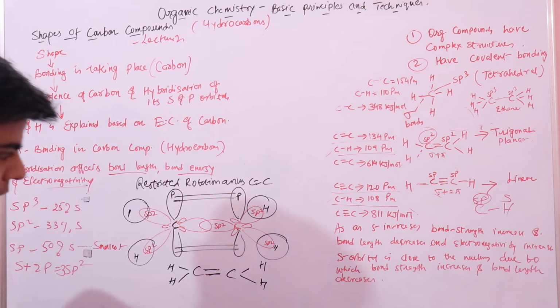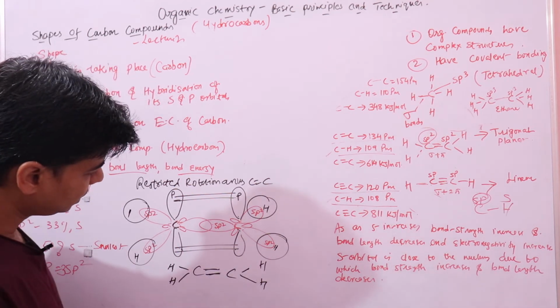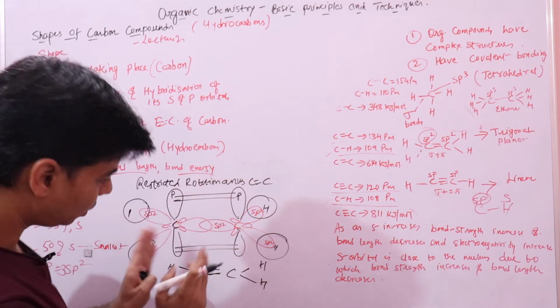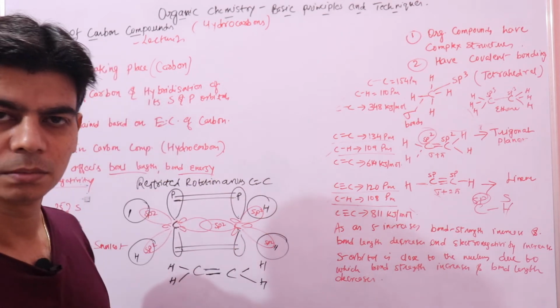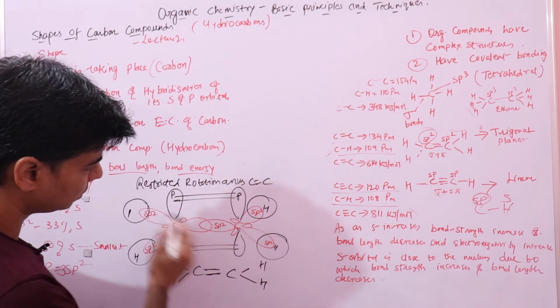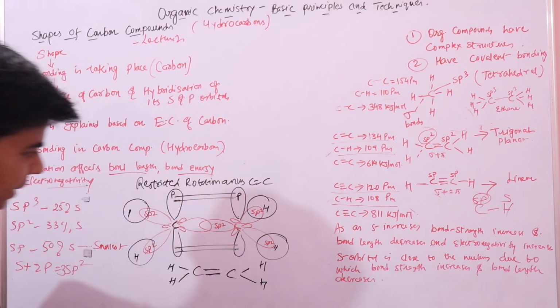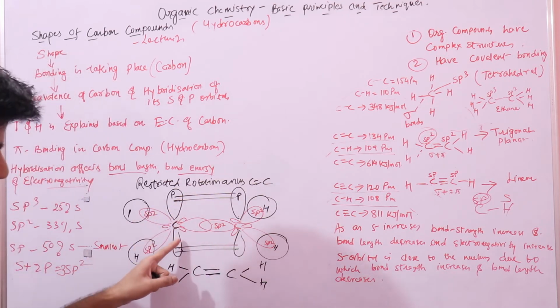Now the second thing about this pi bond is that, due to this pi bond, you have high electron density above and below the plane of the carbon atoms.